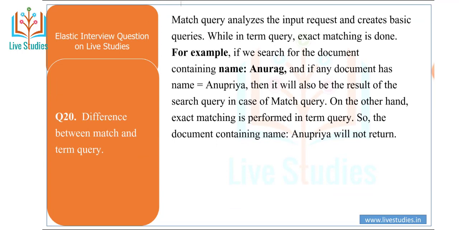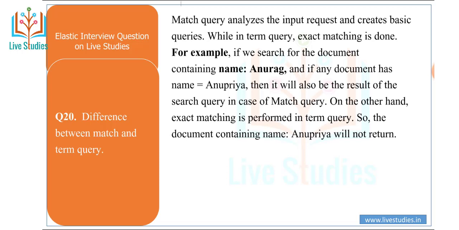Another question is, what is the difference between match and term query? Match query analyzes the input request and creates basic queries, while in term query exact matching is done.